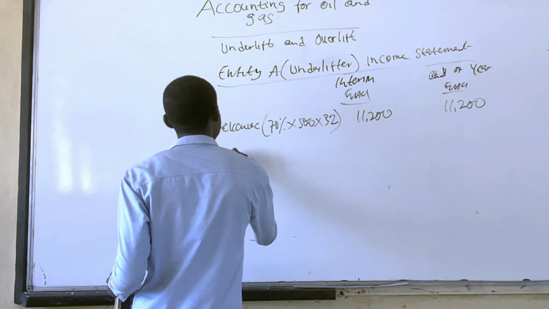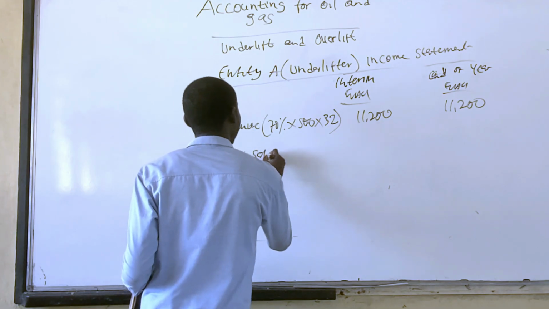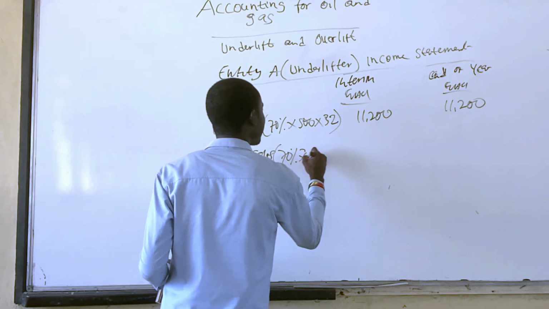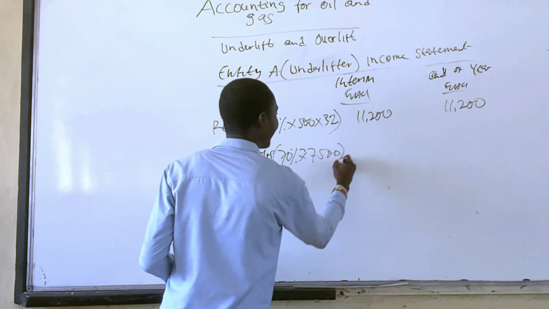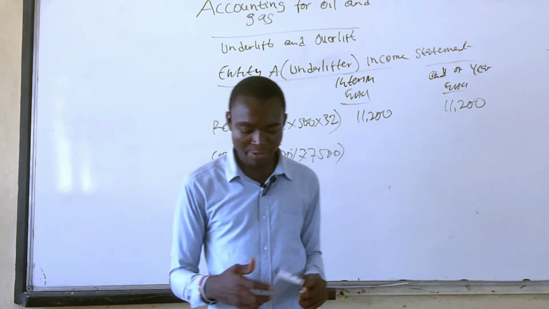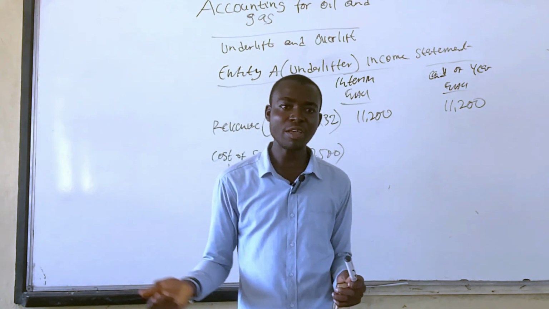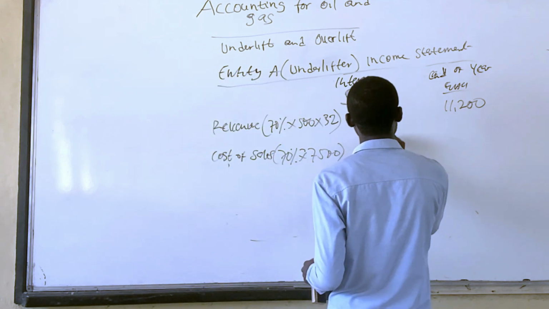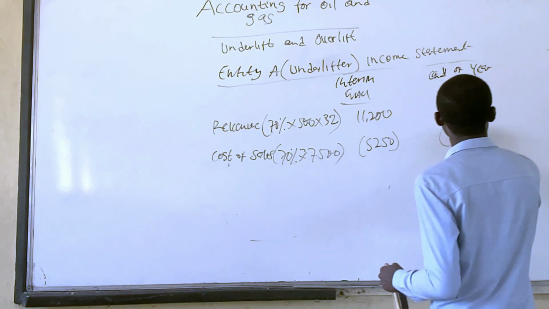So cost of sales, 70% times 7,500, will give us 5,250.